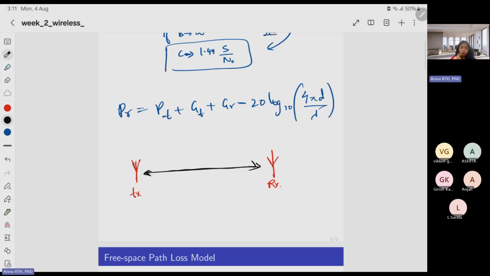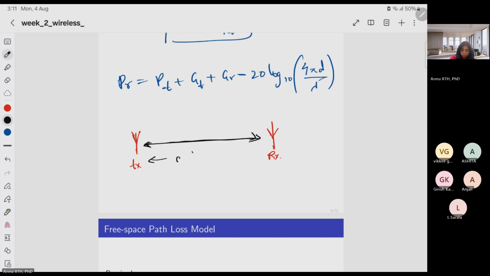We are talking about one path, but cellular networks have different paths, which cause multipath delay, multipath fading, Rayleigh fading, and also shadowing, different types of interference. So this is the path, and let's say the path distance is D between transmit and receive.